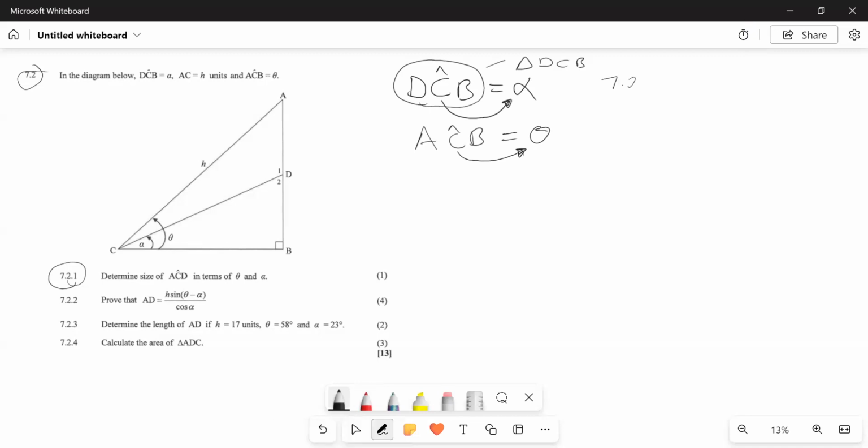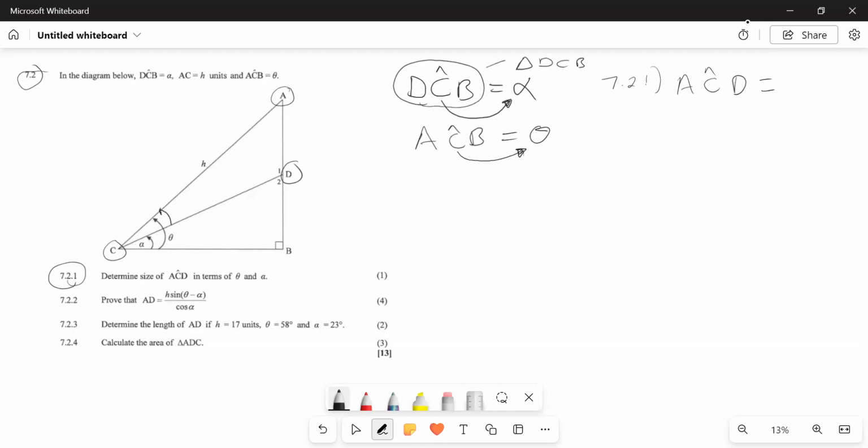So 7.2.1, ACD is equal to, let's go back to our sketch. Here's A, C, and D. So the actual angle that we're looking for is at C, because the cap is on C. So where is our C relative to the triangle ACD?